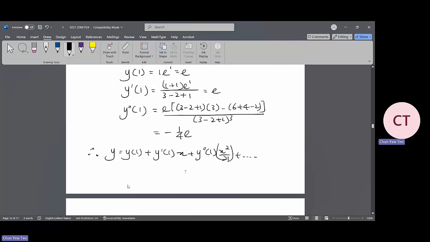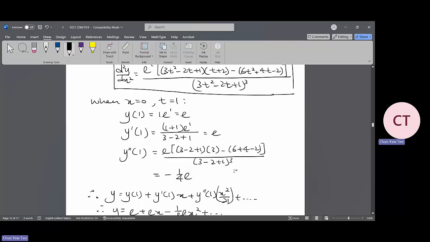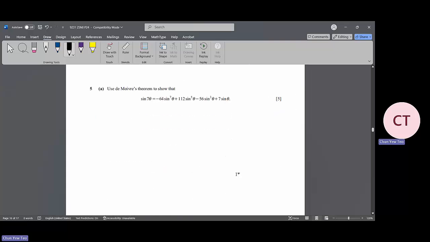So just replace the values. You will get e plus e x minus 1 over 8 e x squared plus dot dot dot. Okay, done. This will be the answer. Okay, so this is the answer for number 4c. Moving on, we have question number 5.